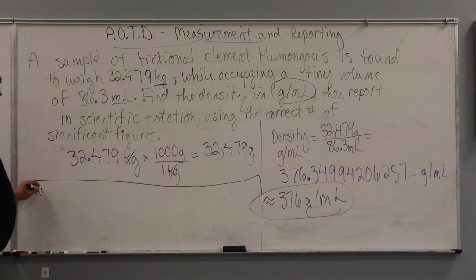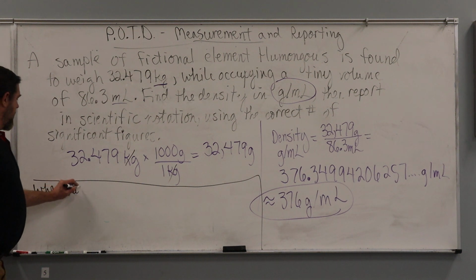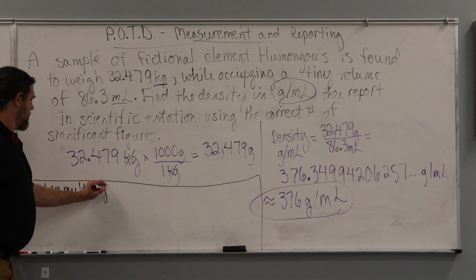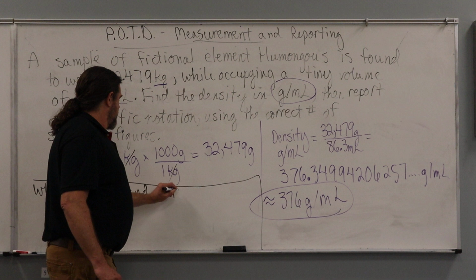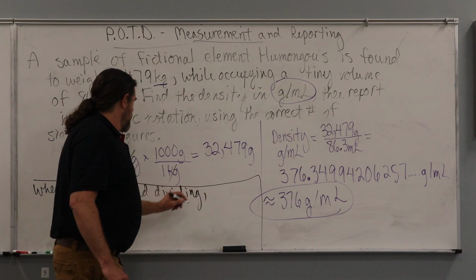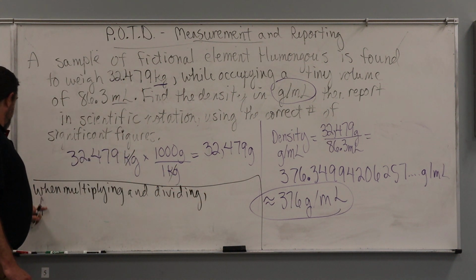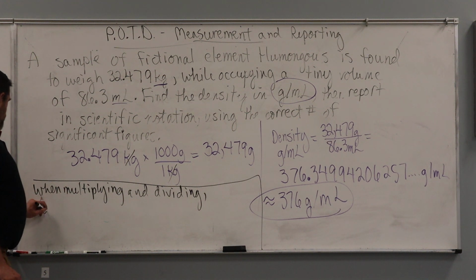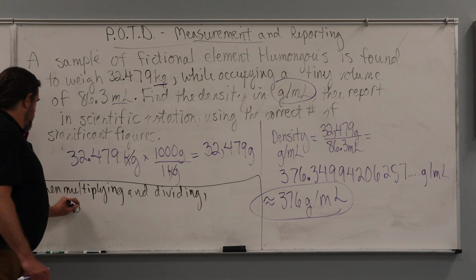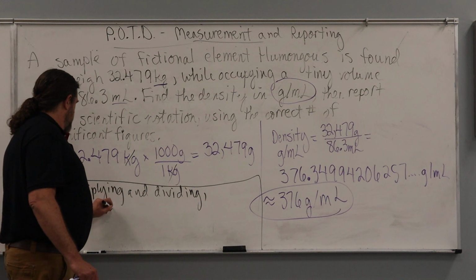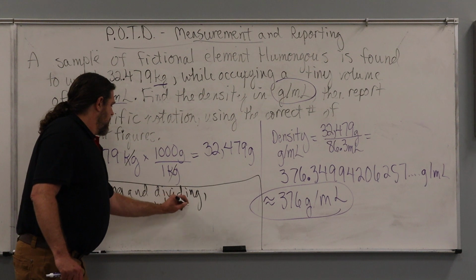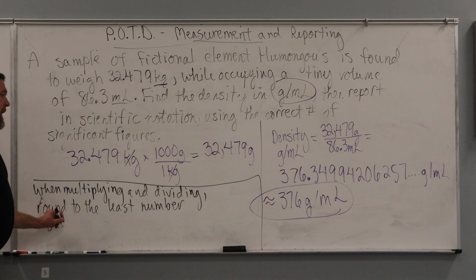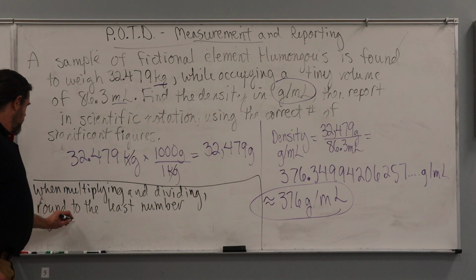So when multiplying and dividing, we round to the least number of significant figures, not the least number of decimal points.